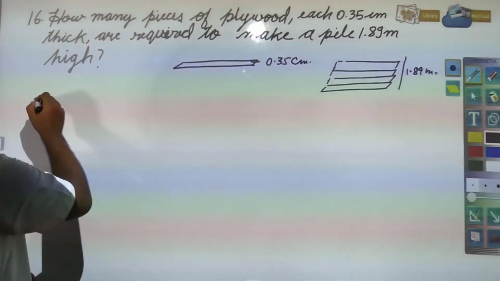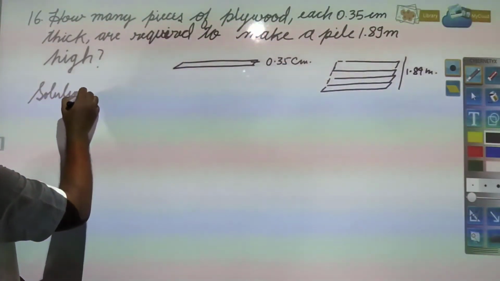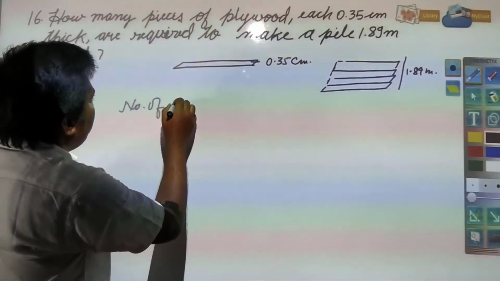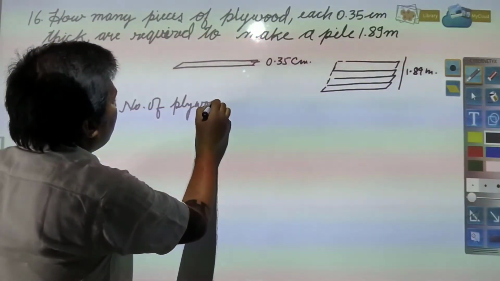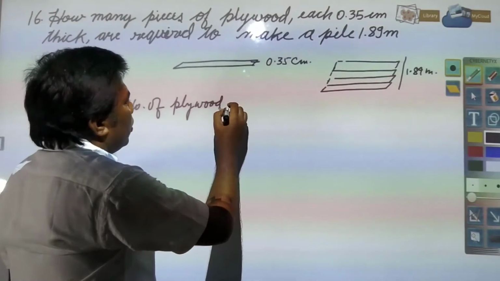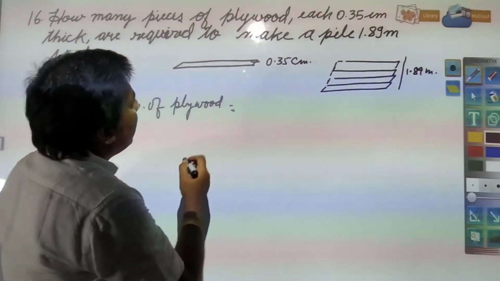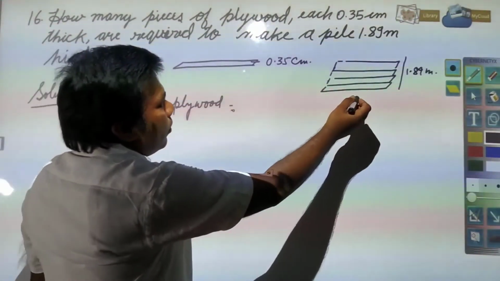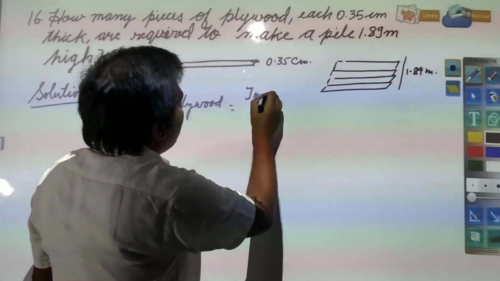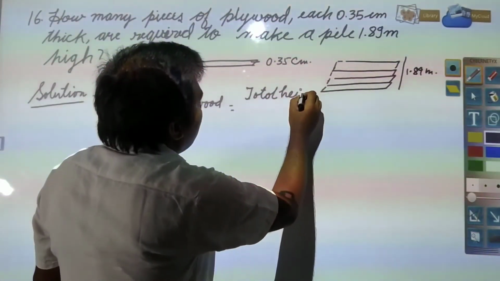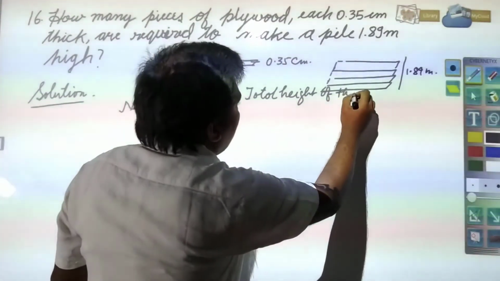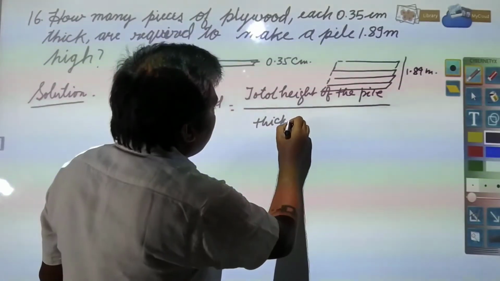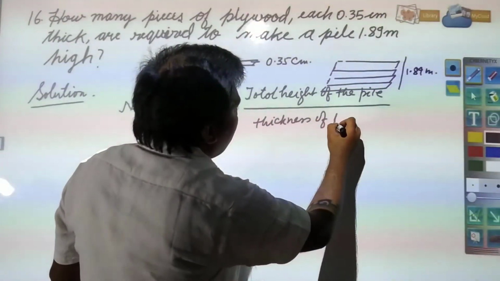So you will write number of plywood will be equal to total height of the pile divided by thickness of one plywood.